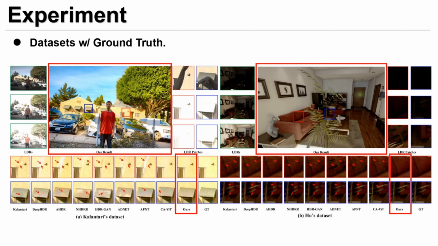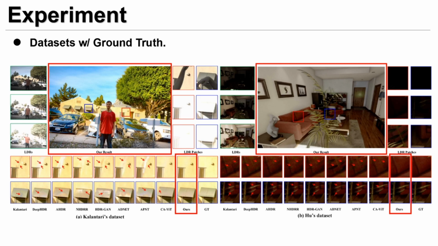Kalantari's method and DeepHDR cannot handle the motion of the background due to error-prone alignments which cause undesirable ghosting. Since NHDRR and HDR-GAN do not have explicit alignment, they cannot recover the details in the saturated areas. AHDRNet and ADNet also suppress some useful neighborhood information and cannot reconstruct large motion. APNT generates ghost regions and blurred edges because of the limitation of the patch-match strategy.